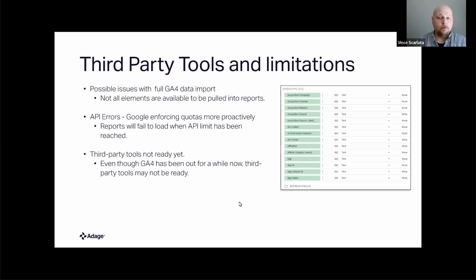And then third-party tools might not be ready for GA4 yet. There are a lot of tools I've used in the past to hook up items from GA3 that are just not ready for GA4, or it's too much of a hump for them to get over, so they're going to move in a different direction altogether.